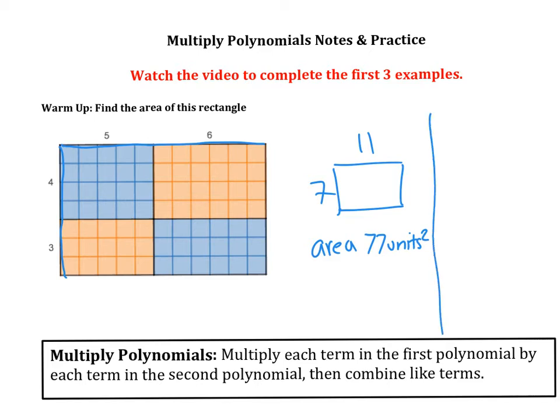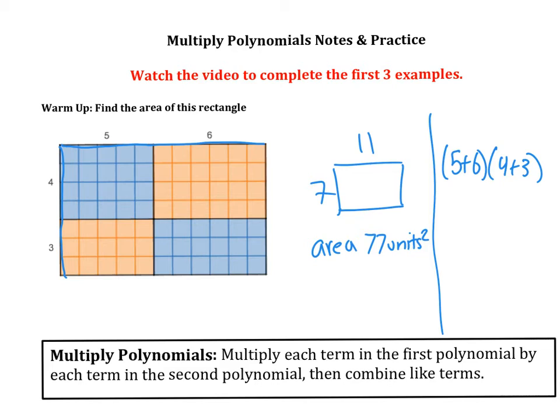Let's say I wrote it out a different way. I know that it was 5 plus 6 times 4 plus 3. If these weren't numbers and they were not like terms, then I couldn't necessarily add them together. But I would know that I could add up these 4 areas, 1, 2, 3, and 4, in order to find the total area.